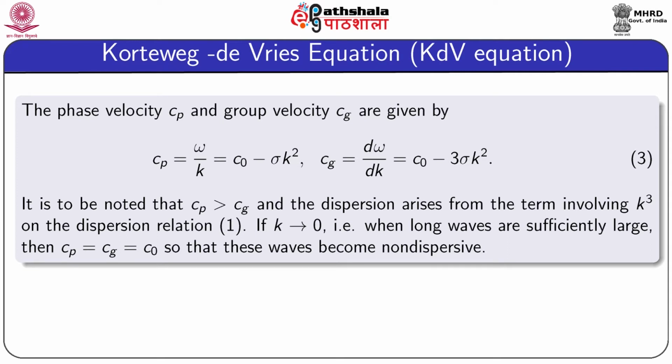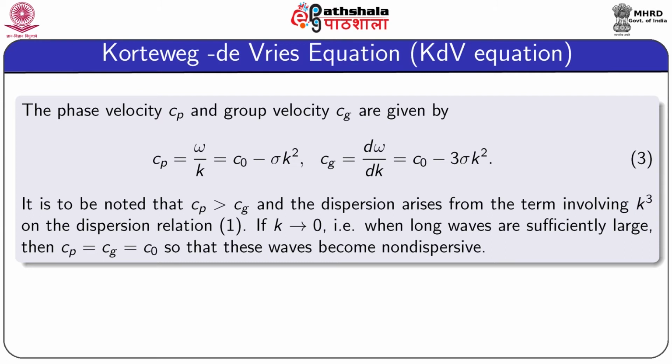These definitions are given in equation 3. From equation 3, it can be noted that the value of the phase velocity is greater than the value of the group velocity, and the dispersion arises due to the term k cube in the dispersion relation 1.